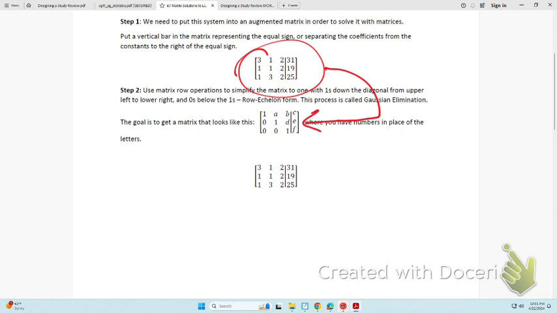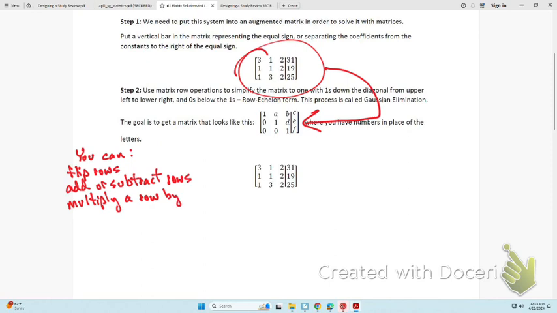We need to rearrange things, and we're allowed to flip rows, add or subtract rows, or multiply a row by a number. We need to go column by column, left to right.